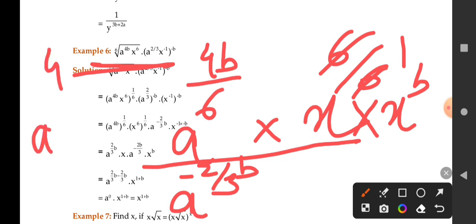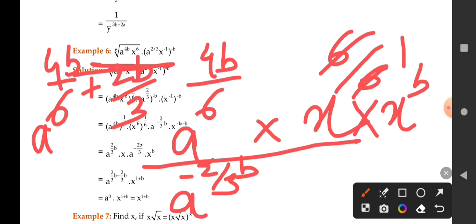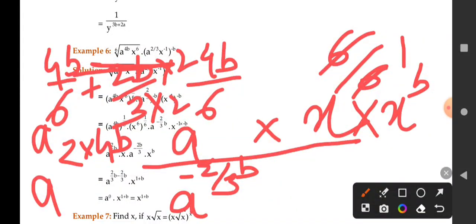So a power 4b divided by 6 plus 2b divided by 3. Okay, so let's simplify the a power first. So into 2, we have 4b and 6b and 6. Okay, so we have a power 2 into 4b divided by 6, which is 4b divided by 3, since we have two same variables, and x is 1 plus b.